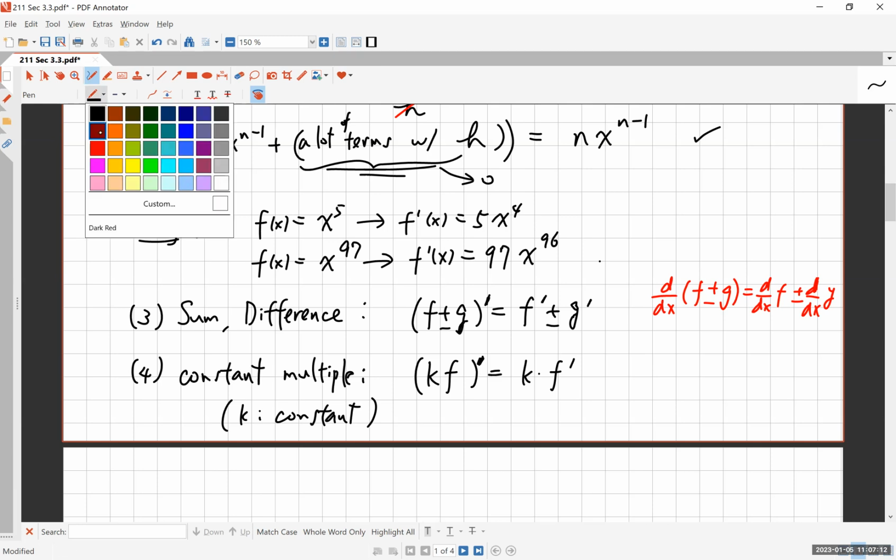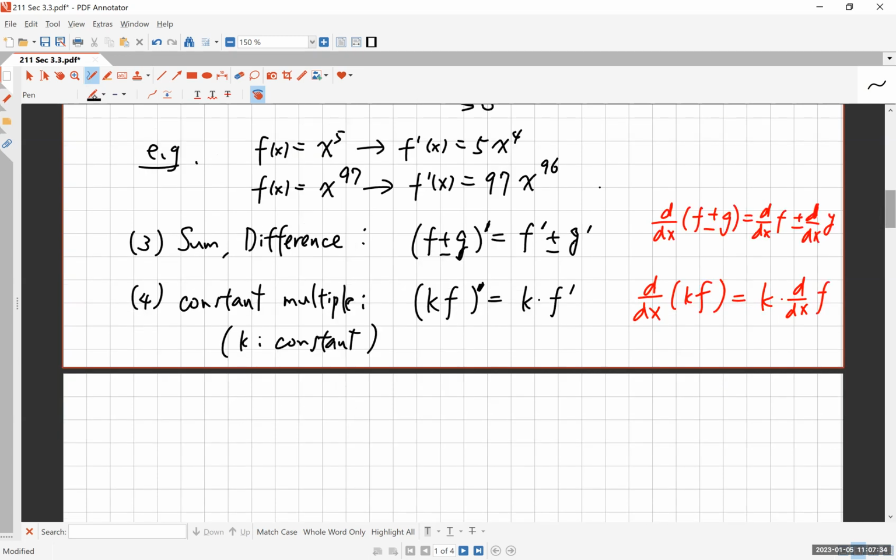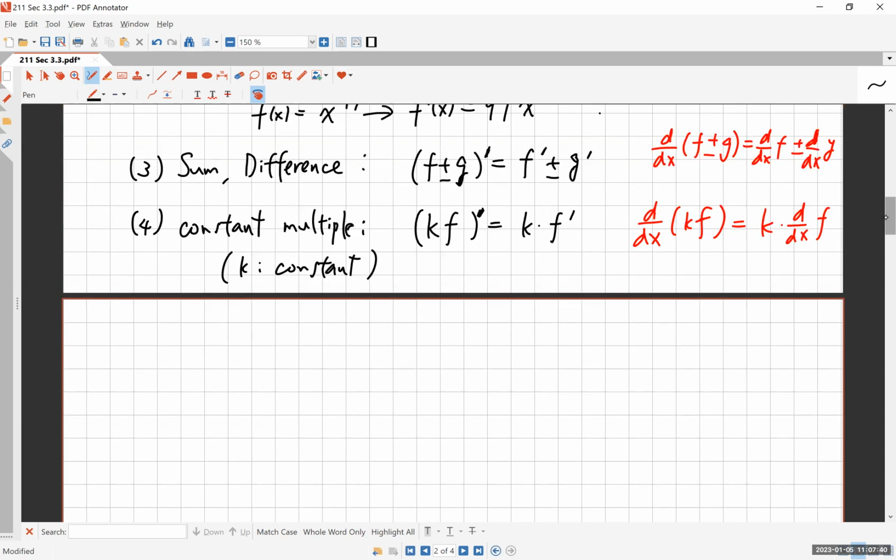The notation using d dx will look like this: d dx of kf, a new function which is just the constant multiple of f by k, is going to be k times the derivative of f. These again are very intuitive and clear, easy to understand, and true almost trivially because of those properties of the limits.